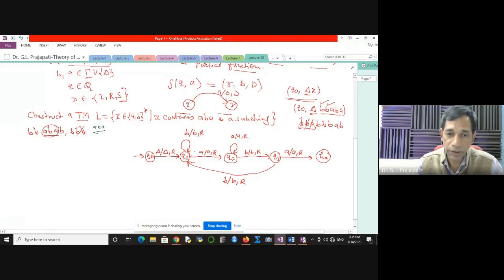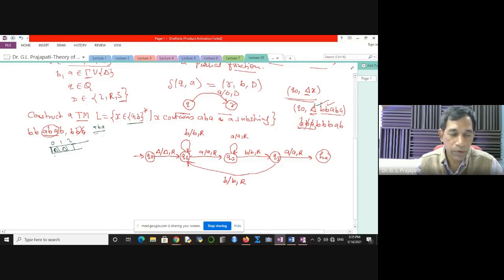Now, at the beginning you have square 0, which has the blank; replacing blank with blank, go to the R. Whenever you are at square 1, if you find a blank instead of A or B, like this, if this is the tape, squares 0, 1, 2, and this is the blank symbol, again you have the blank symbol. So somebody can give the null string, meaning nothing is there.